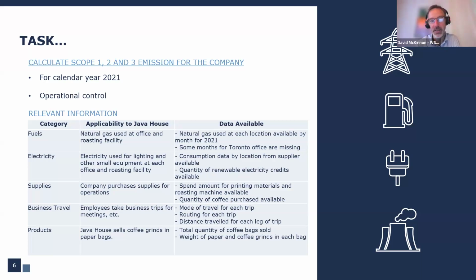Electricity is used for lighting and other things in the office. We've got the consumption data for that, and the emissions factors for the suppliers, and there's also the renewable energy credits for the consumption in Toronto. The supplies that the company has, some of it is consumable things like printed materials, and some of it is less consumable materials like a big roasting machine.